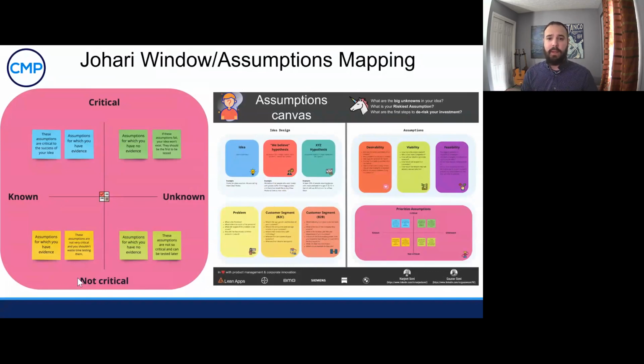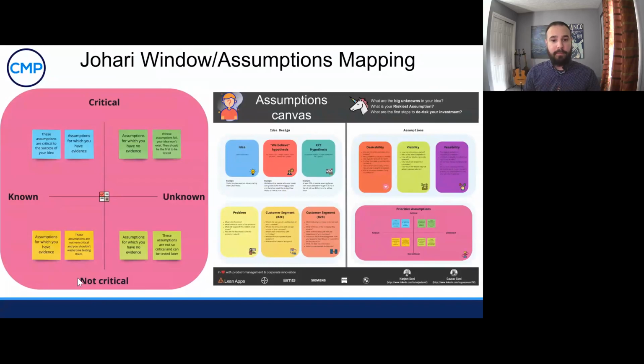Moving to the top right, think of these as your active questions. These are assumptions, hypotheses for which you have no evidence, but you believe that if these are not validated, you've hit a wall and this would require a pivot. So these are places where you can put active questions that somebody can answer for you.